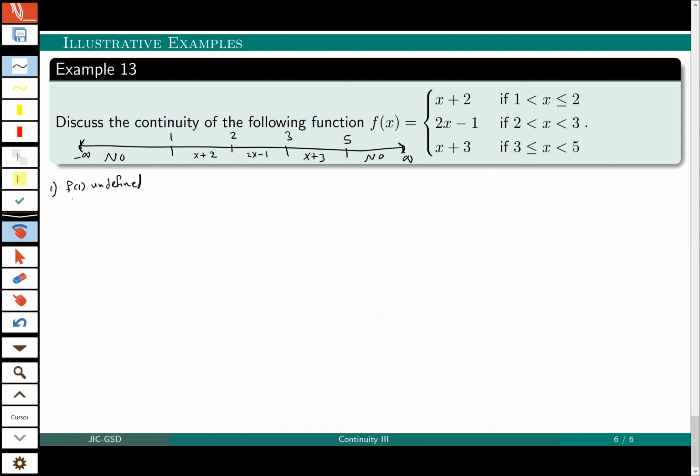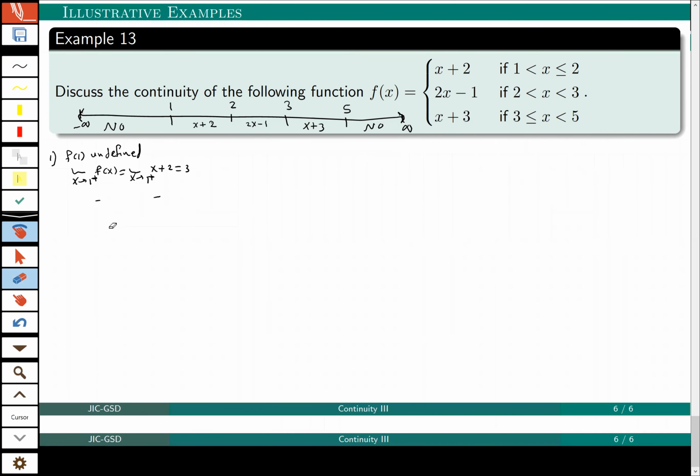Okay, limit when x goes to 1 from left, it's x plus 2, so it will be 3. Limit when x goes to 1 from right, sorry, we should say only 1 from right. We don't have from left, sorry.